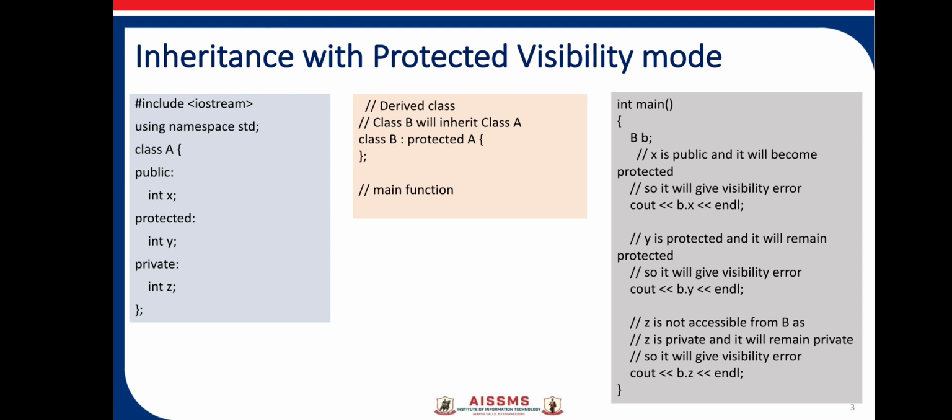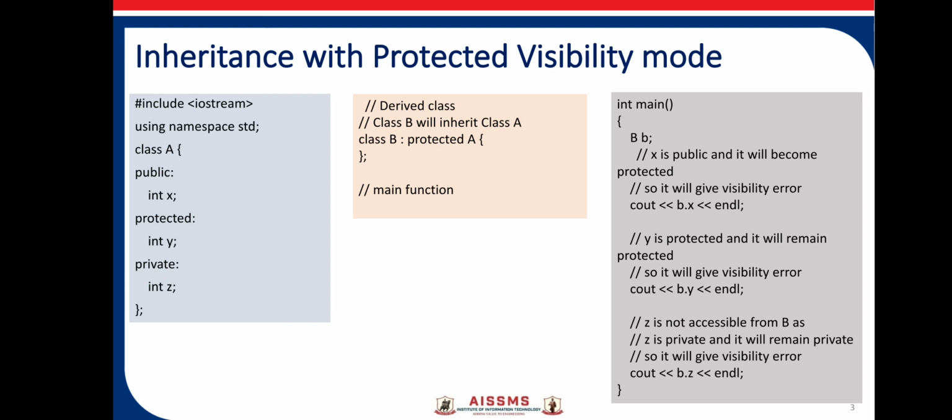Because of this, if we see the cout statements in the main function, before that, to access the content of a class, as we know, we need to declare the object. So we declare the object for the derived class B. That is the first line.